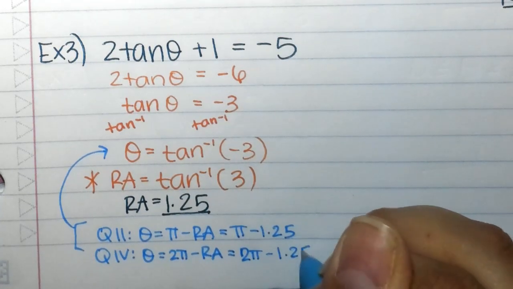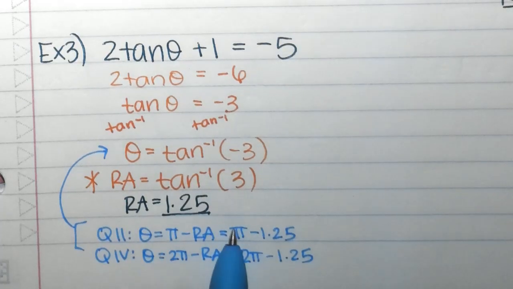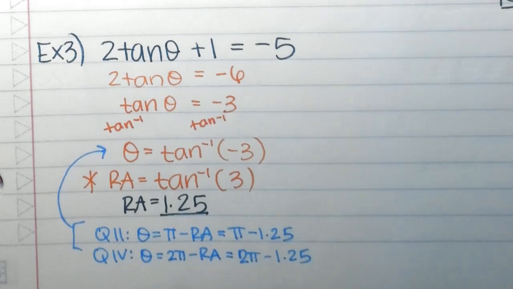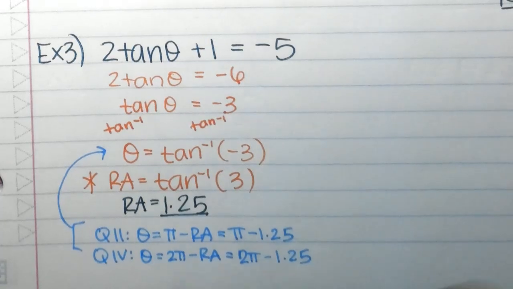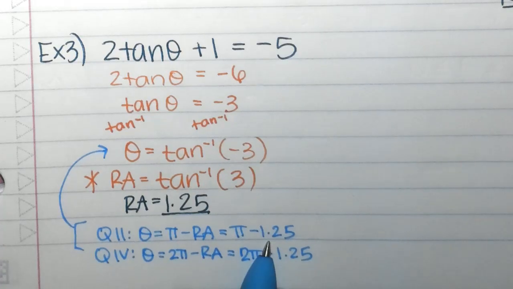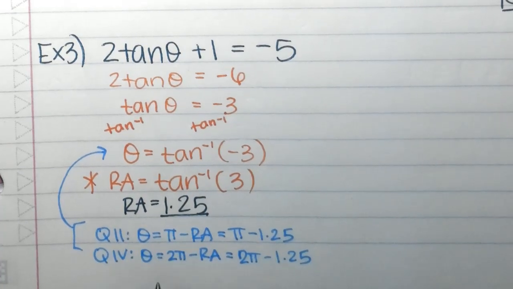Somebody asked me, Miss Olivares, do I have to show typing this in, like what I'm showing you right now? I need to see you plug in here or show the formula, one or the other. You can't just give me answers. I need to see how you're getting these. So you don't need to write the formula out. If you want to go straight and write this out, I'm fine with that. Or you can just write this and give me the answer below. That's fine as well.